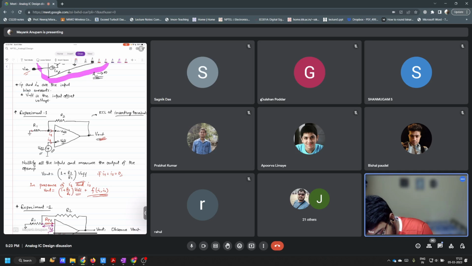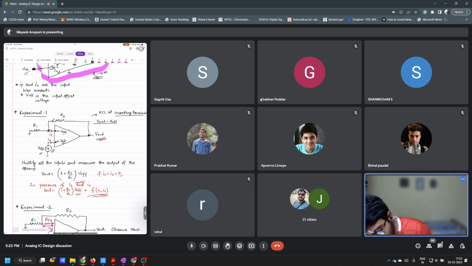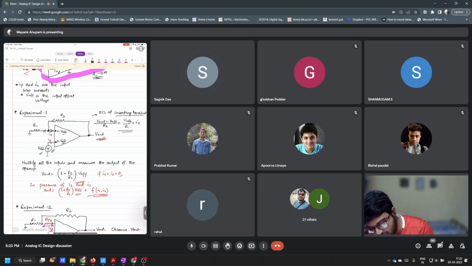Basically, the current through R2 should be equal to the current through R1 plus I1. So V out minus V offset divided by R2 has to be equal to V offset by R1 plus I1, correct? So this is the first KCL equation.